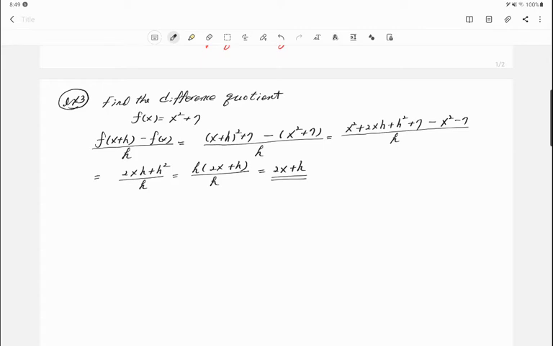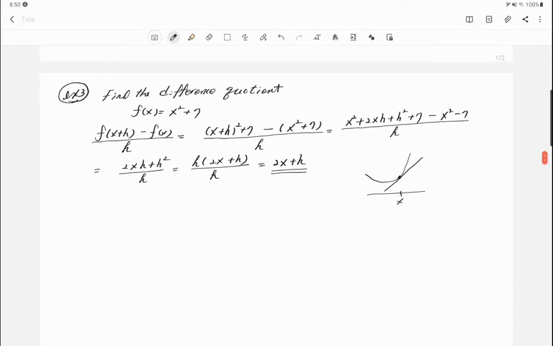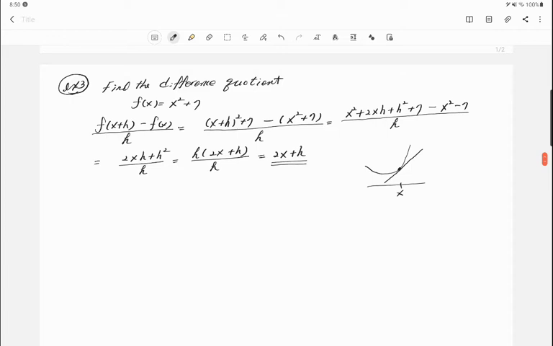So we found the difference quotient expression like this. Okay, this means what? If an x value is given, then this will give you the slope. If the graph looks like this, for this x value, this will give you the slope at this point. So if h is getting very close to 0, it will give you this slope at this point, at x, f of x.